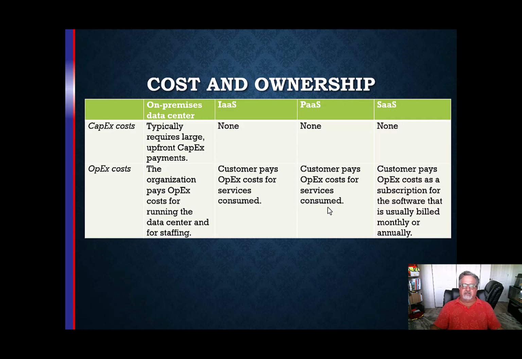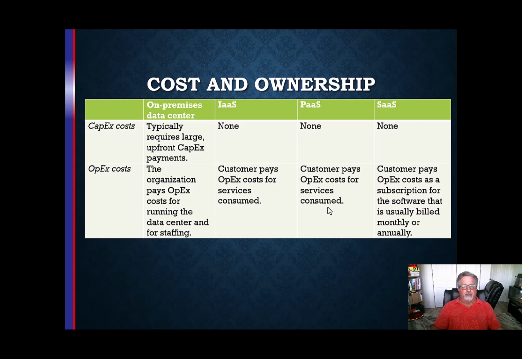In an infrastructure as a service environment, there are no CapEx costs for the infrastructure as a service. There are none. Why are there none? Because you're not buying any hardware. You're not renting a physical data center, right? You're not buying anything associated with hardware or software. So there is no capital expenditure on the customer side of things.